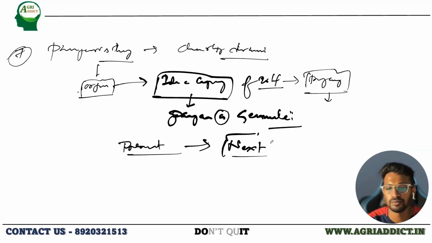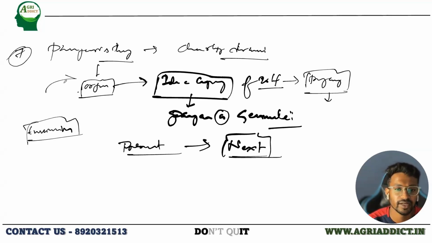This is what both theories explain. But one theory tells us it is because of the environment. Pangenesis doesn't take the environment into consideration. It just explains that the organ will make its identical copy, the gemmule or pangene, which will be transferred to the next generation and develop into a new individual. So this is about the pangenesis theory.